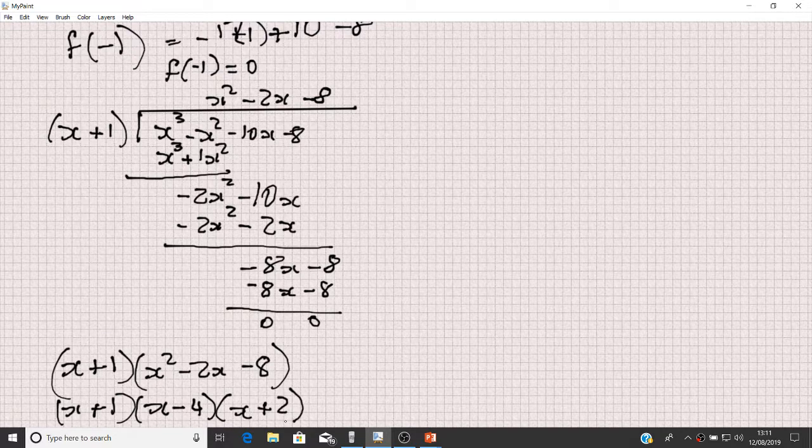So all of these are factors, and that will enable us to sketch. The solutions for x: x equals negative 1, x equals positive 4, and x equals negative 2. And the y-intercept of our original curve is negative 8.